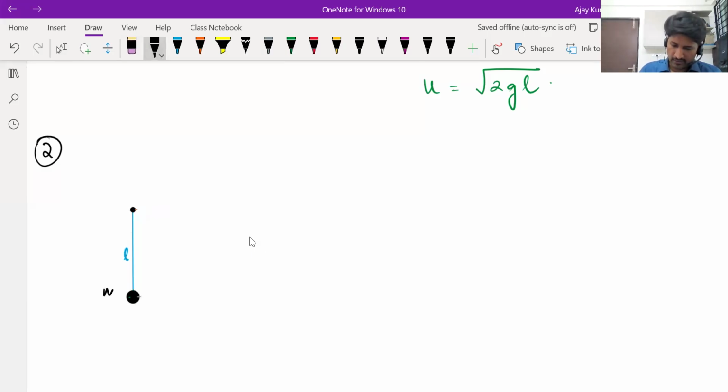So you need to calculate the initial speed. Initial means speed at the bottommost position such that the string rotates to this position at least. What position is that? 37 degrees above horizontal.